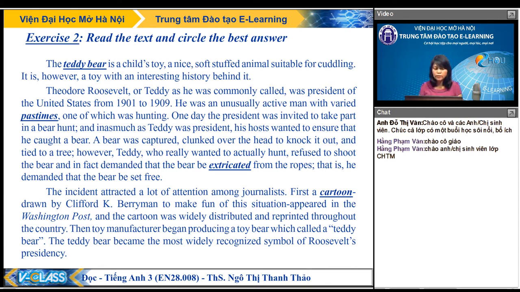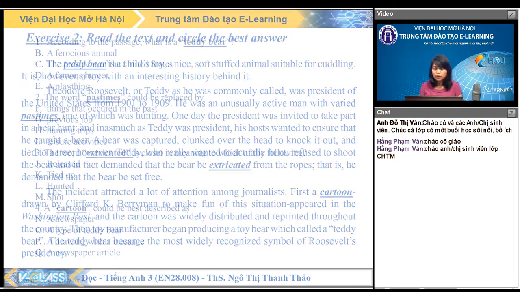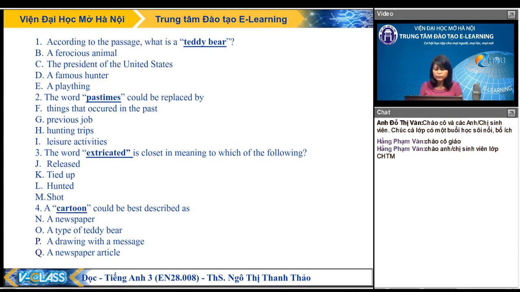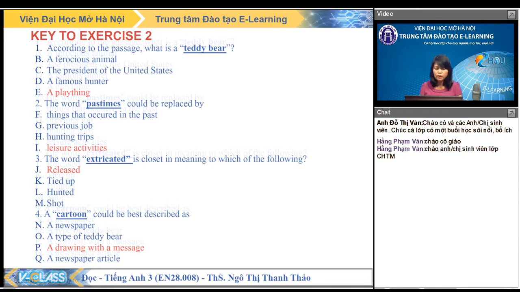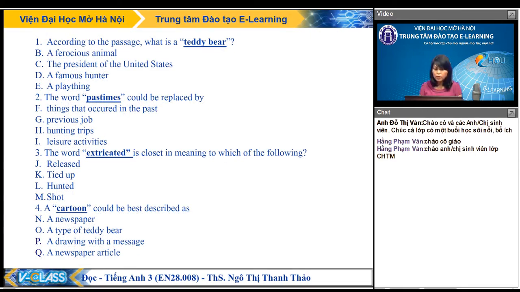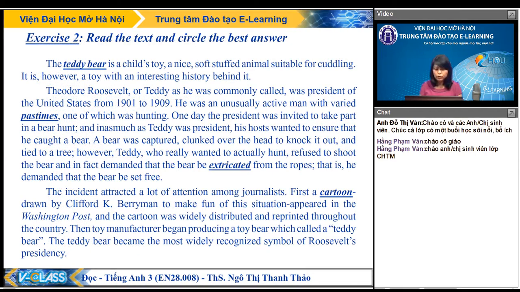Next one, cartoon. So what about cartoon? Cartoon could be best described as a newspaper, a type of teddy bear, a drawing with a message, or a newspaper article. So the final answer is a drawing with a message. So I would like to show you the clue for that.